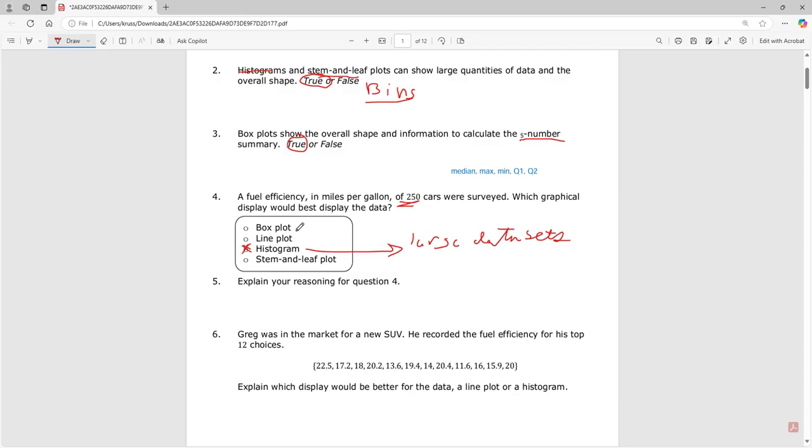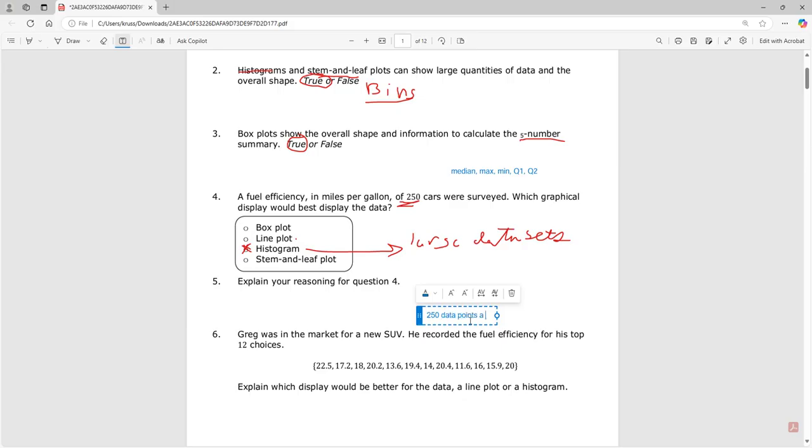Okay, a line plot. It's just too many data points. Stem and leaf plot also too many data points. So line plot, not enough data points. Explain your reason for number 4. You can split it into ranges easy. 250 numbers, 50 data points.